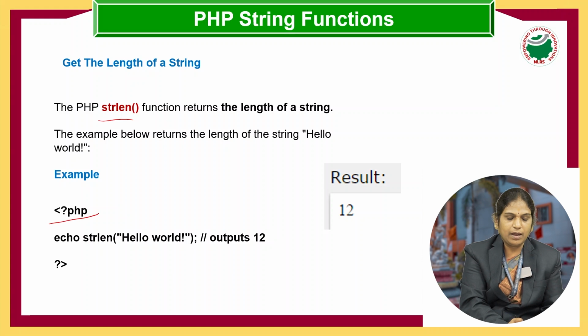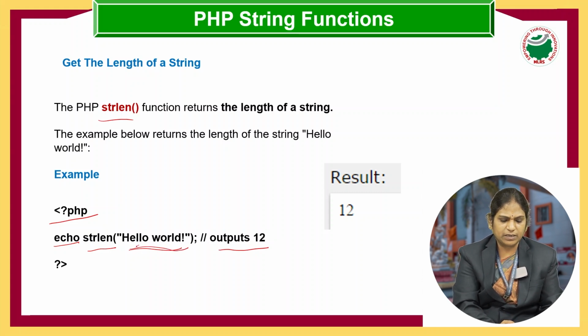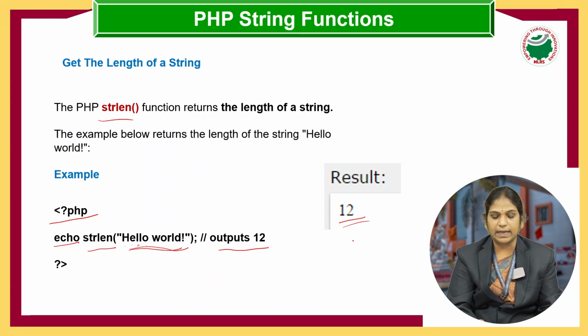For example, PHP echo strlen hello world. What is the length of the particular string? HELLO space WORLD. Entirely it contains 12 characters. So the length of the string is going to be displayed as 12.